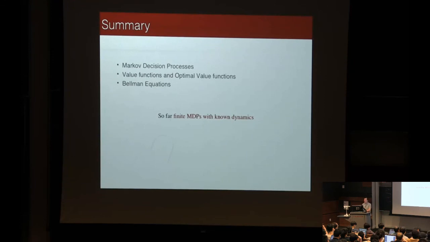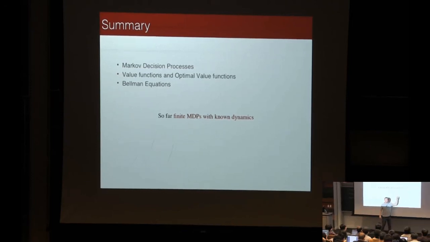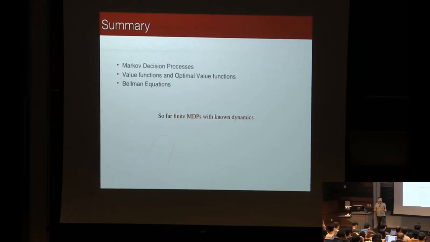So far, we've looked at MDPs, we've looked at the value functions and optimal value functions, we looked at the Bellman equations, but we also made an assumption that finite MDP dynamics is known. We know what the dynamics is. And this is generally not true when you start building realistic environments, right? In simulation world, you know exactly what the dynamics is.